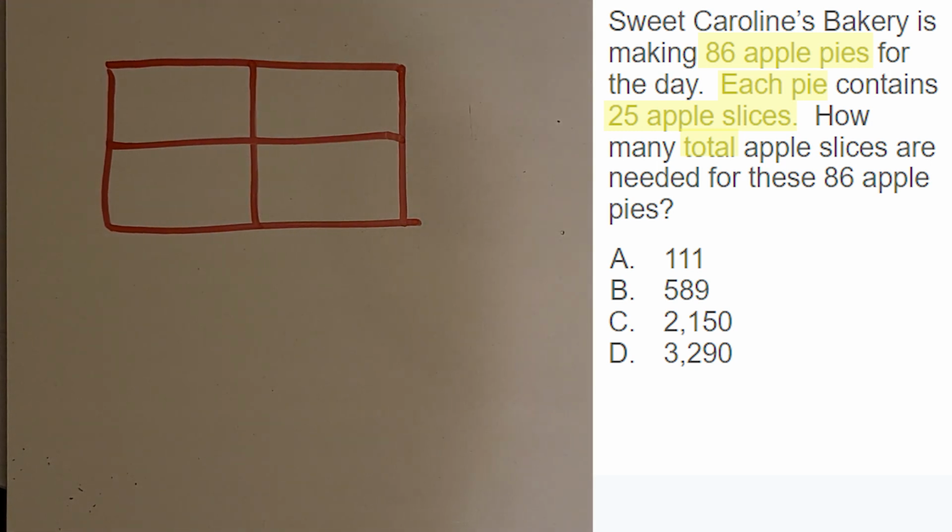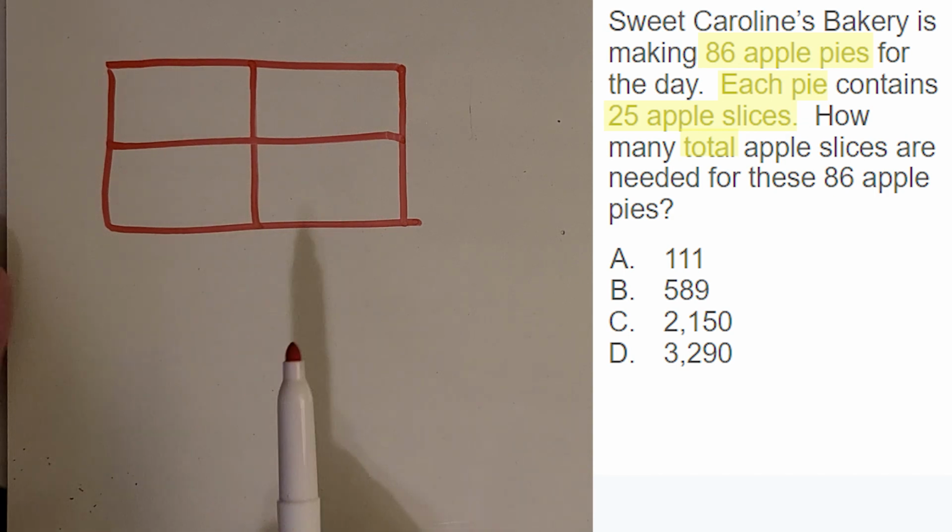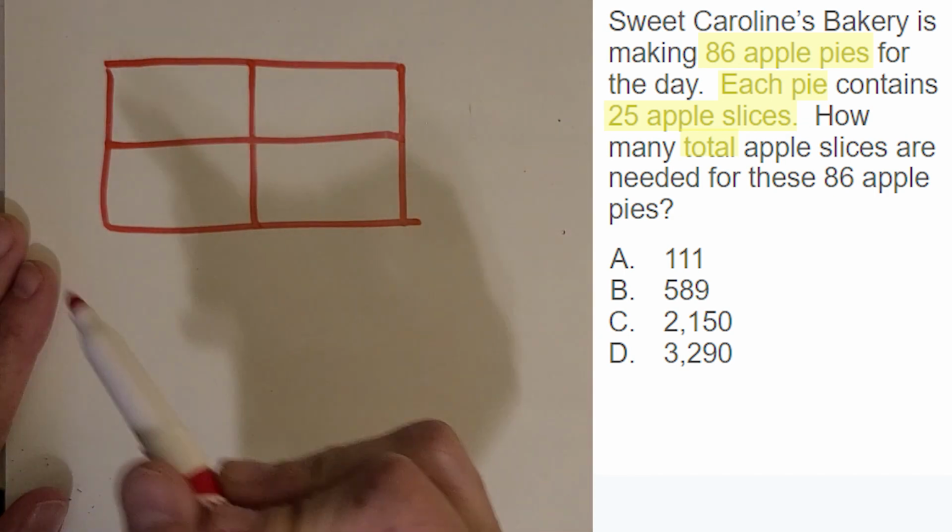Okay, so first of all, when you hear this problem, 86 pies, each pie is 25 apple slices, what type of problem do you think of? What operation are we doing? Yeah, we're multiplying, because we have groups of. So I like to start with an area model and I break apart the number.